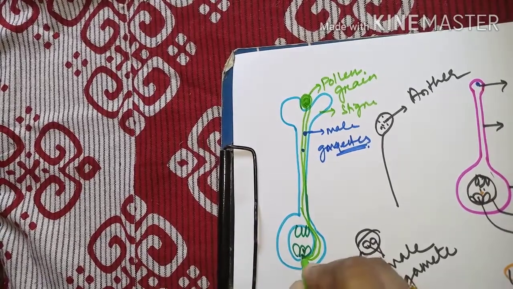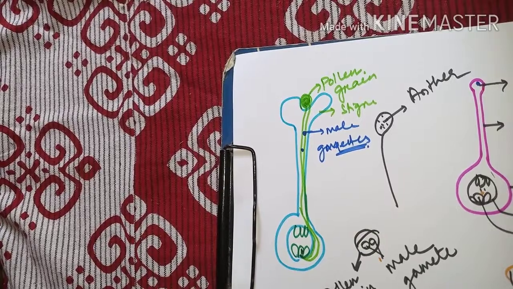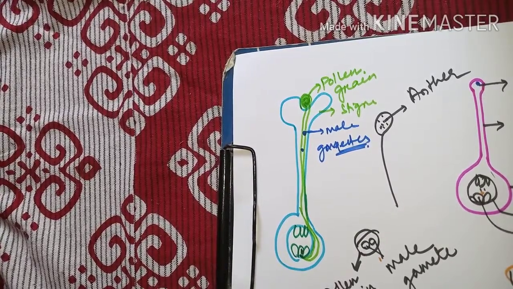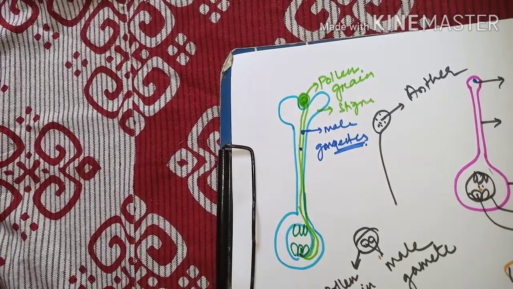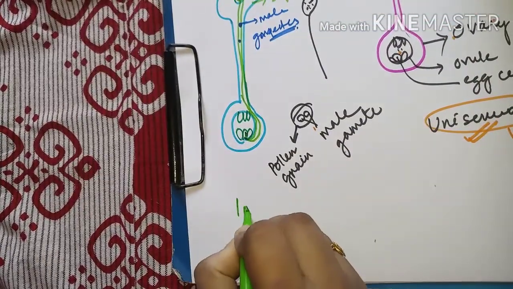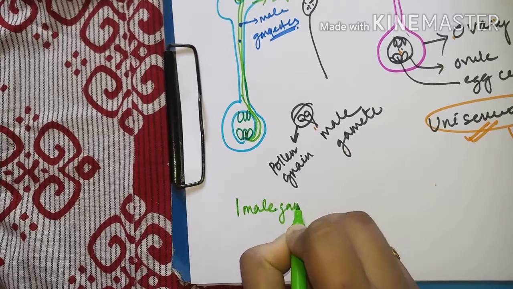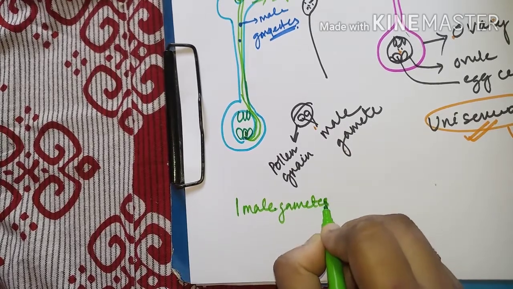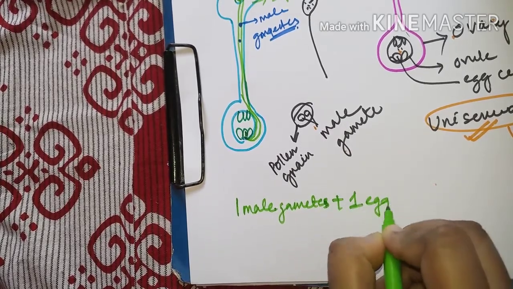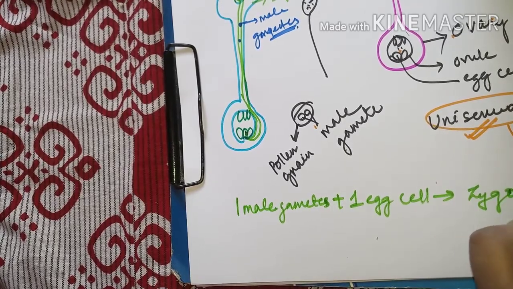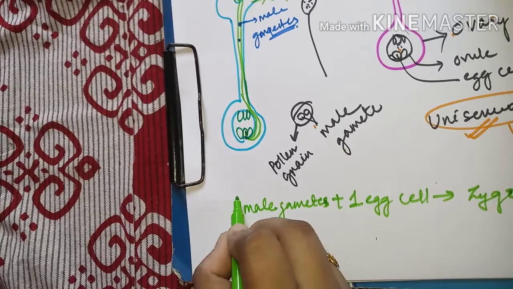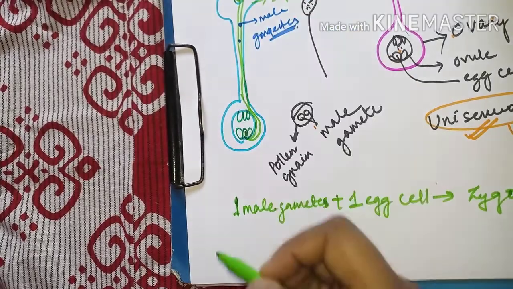The egg cell fuses with a male gamete. The reaction is one male gamete plus one egg cell forms the zygote. Then this is about one. There are two male gametes in the process.